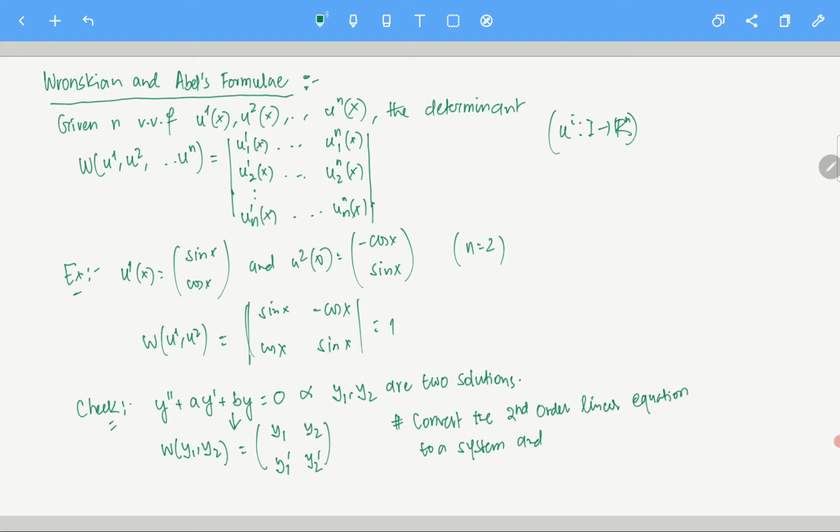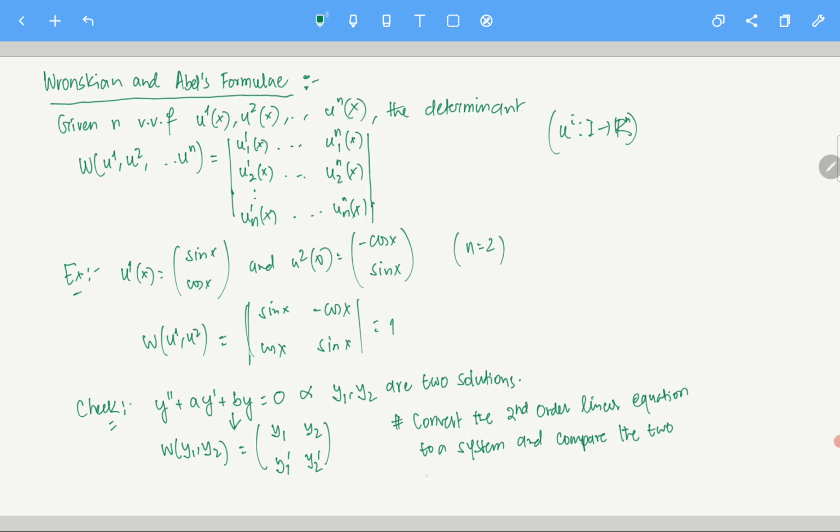Here the function contains the function itself and a derivative. What I want you to do is compare the two Wronskians.